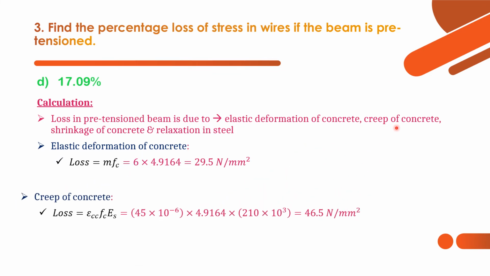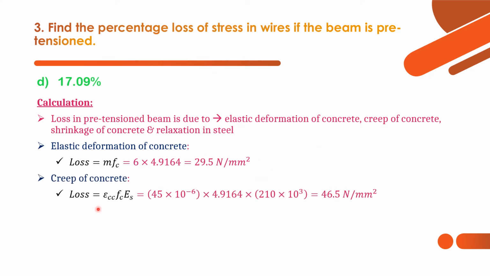And now let's move on to the creep of concrete. Due to creep of concrete, what is the loss? The loss is given by epsilon into Fc into Es. What is epsilon here? This is the creep strain, or we can say the ultimate creep strain, as given in the data. For pre-tensioning, we have the ultimate strain given as 45 into 10 power minus 6 per Newton per mm square. Into Fc, we have found Fc as 4.9164, into Es, which is the Young's modulus of steel.